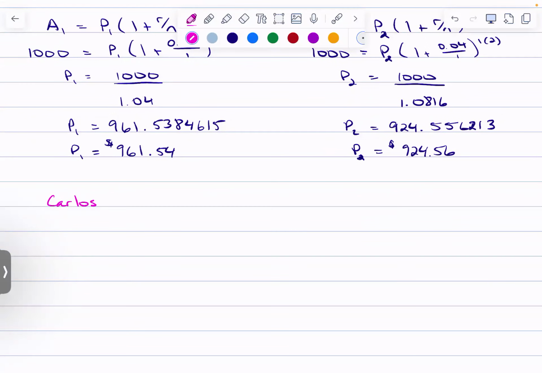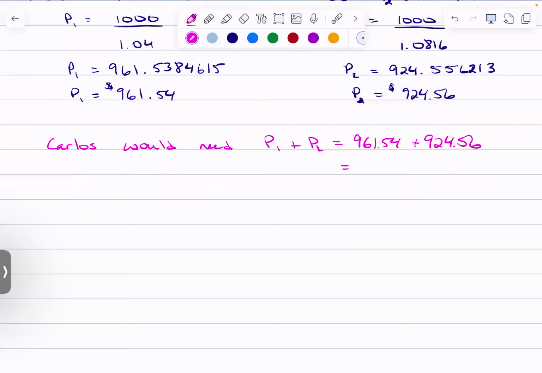And so the total Carlos would need is P1 plus P2, which is 961.54 plus 924.56.